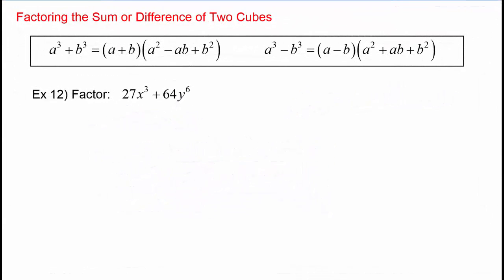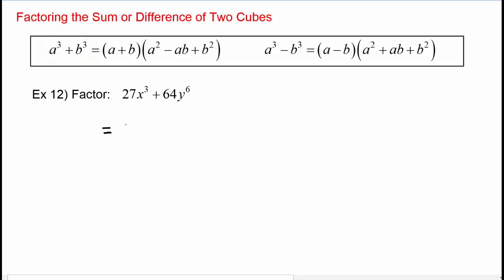In example 12, we want to factor 27x cubed plus 64y to the sixth. And the first thing we want to do is get it into the form of a cubed plus b cubed.